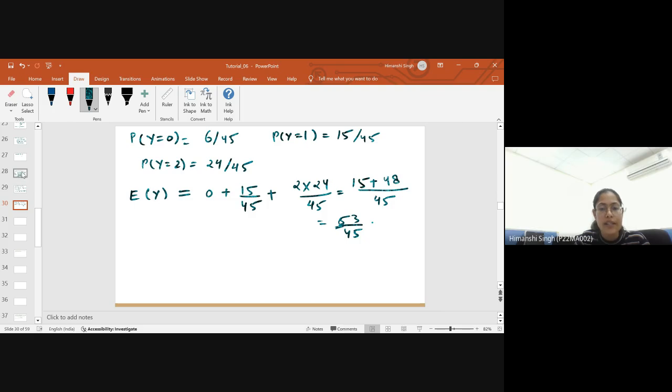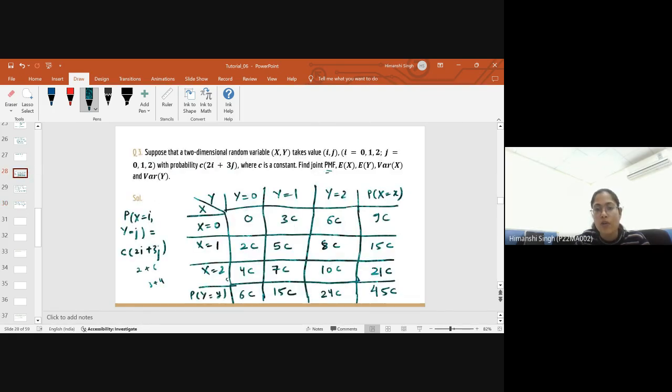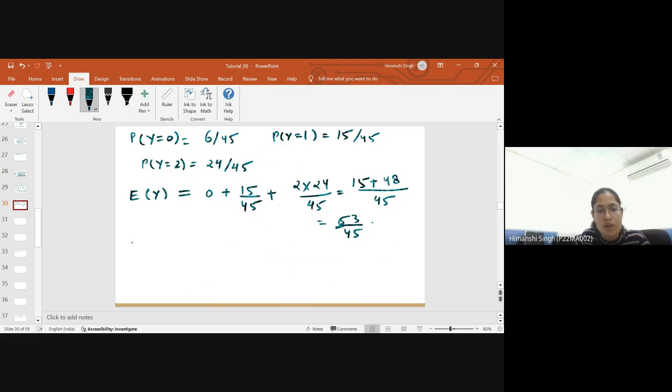So we have calculated the expected value of X and the expected value of Y. Now we need to calculate the variance of X. For the variance of X, we need expected value of X square minus expected value of X whole square. So what is expected value of X square?